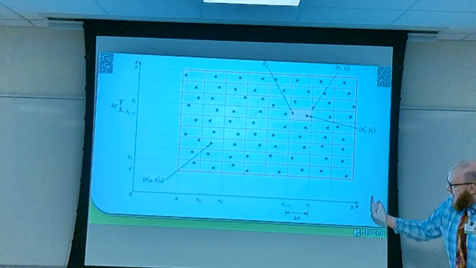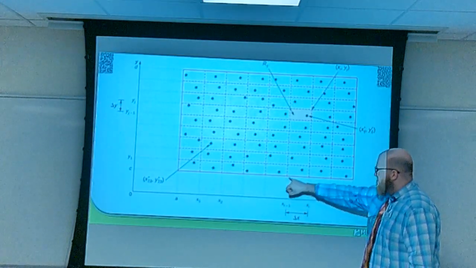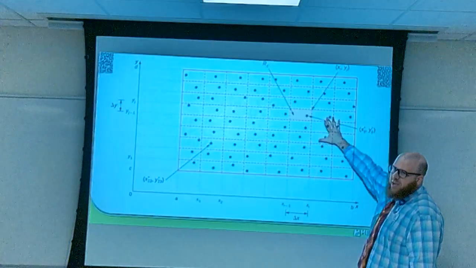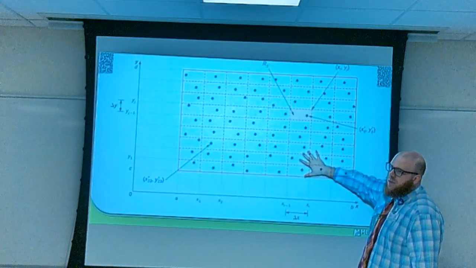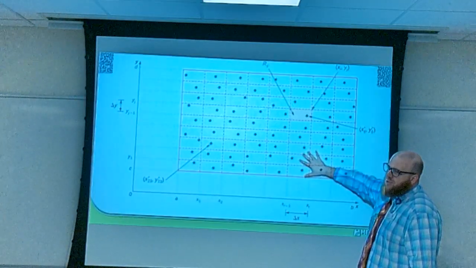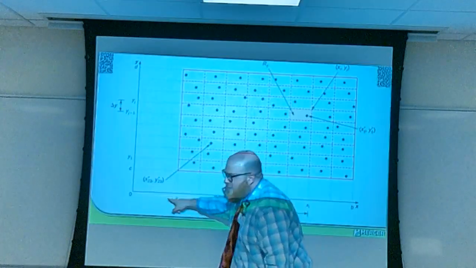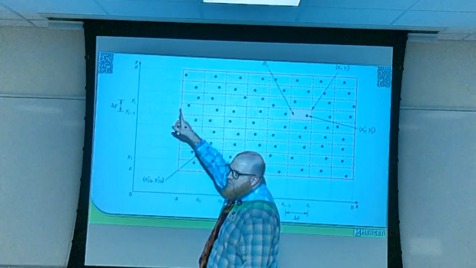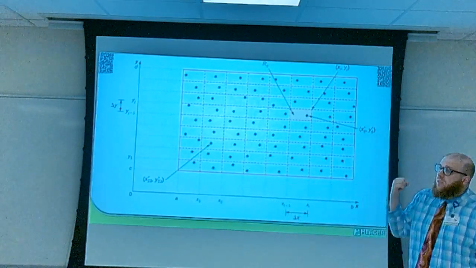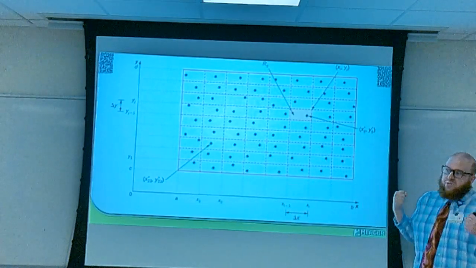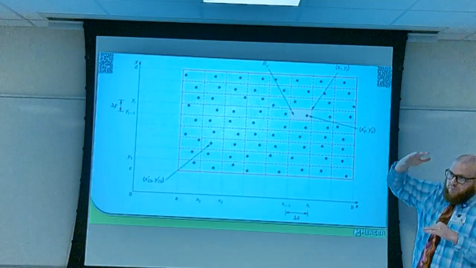For this discussion, I believe we're keeping the delta x and the delta y equal for each subrectangle. There's no rule that says that has to be the case. Essentially you're dividing your x into subintervals and your y into subintervals. There's no rule that says those subintervals have to be equal length. So all your x subintervals can have different lengths, and all of your y subintervals can have different lengths. They don't have to be equal.